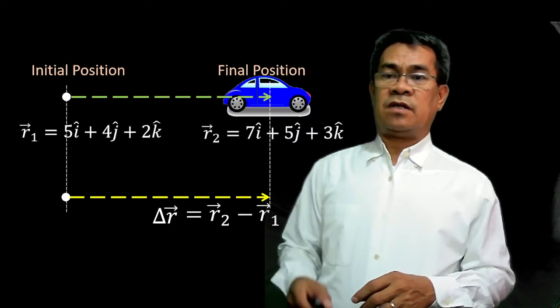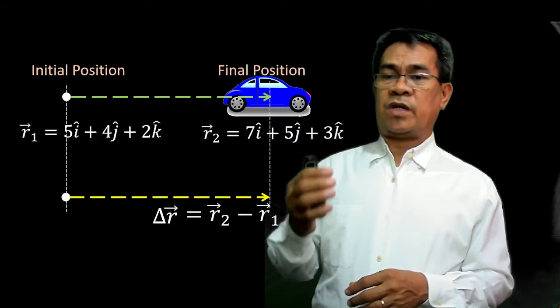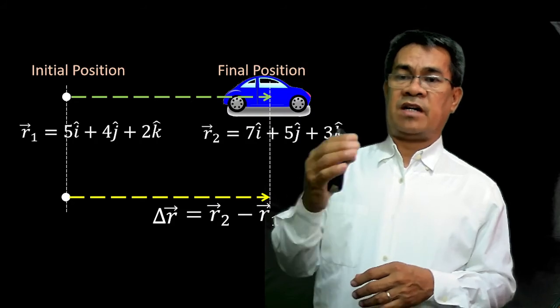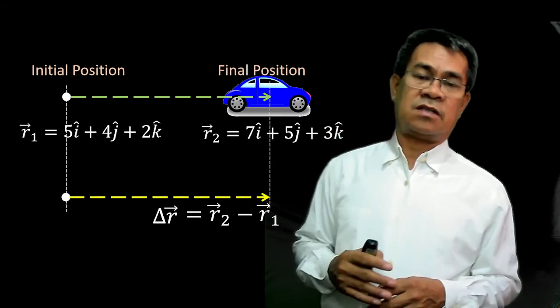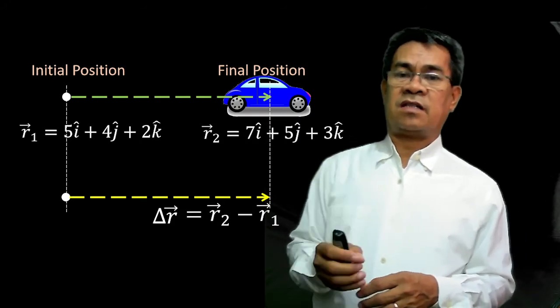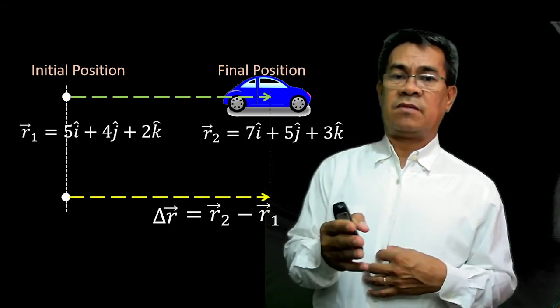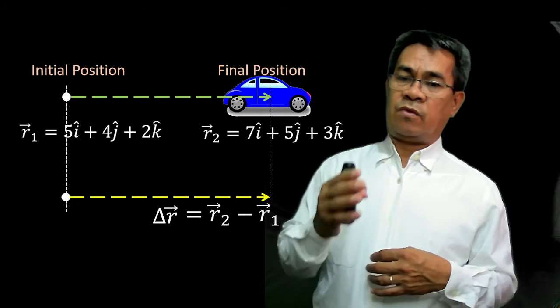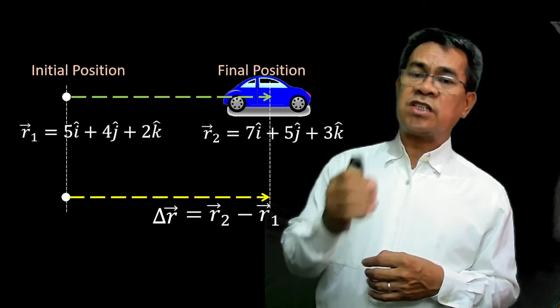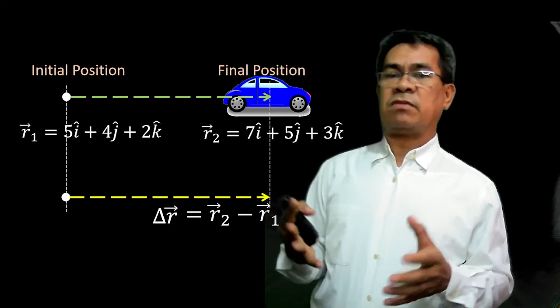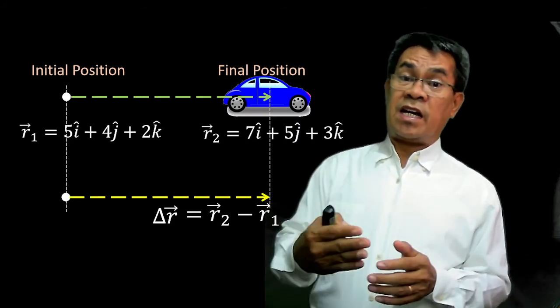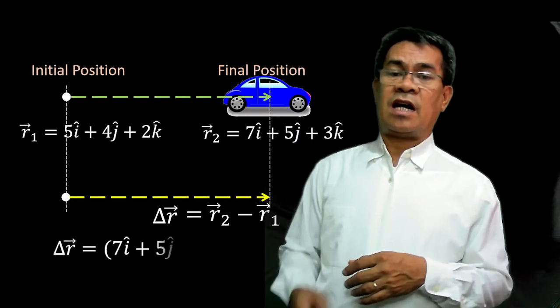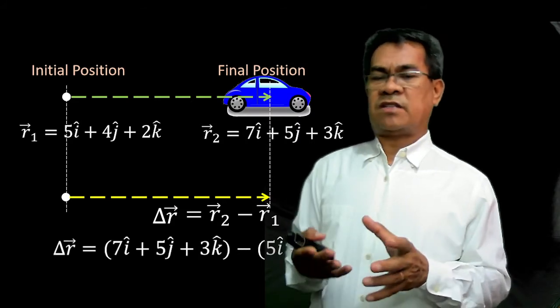In our previous example, suppose we have R1 as 5i hat plus 4j hat plus 2k hat, and R2 as 7i hat plus 5j hat plus 3k hat. If we wish to calculate the change in position or the displacement of this particle, simply subtract the final minus initial algebraically. We call this vector algebra.